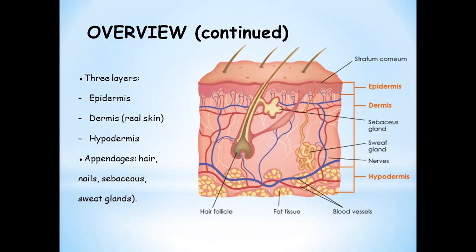It contains nerve endings, sweat glands, oil glands, and hair follicles. Under the two skin layers is the fatty layer of subcutaneous tissue, known as the subcutis or the hypodermis. So the skin is made of three layers: the epidermis, the dermis, and the hypodermis, all three of which vary significantly in their anatomy and function.